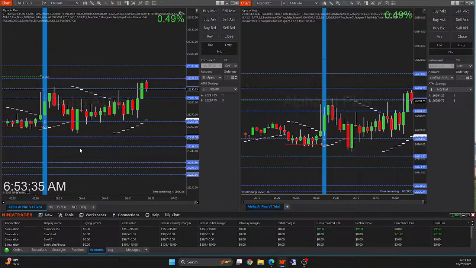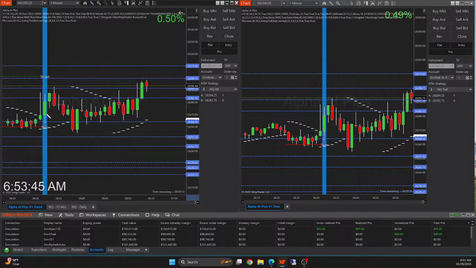From the open to now, it's around a 100-something range, 120 range.